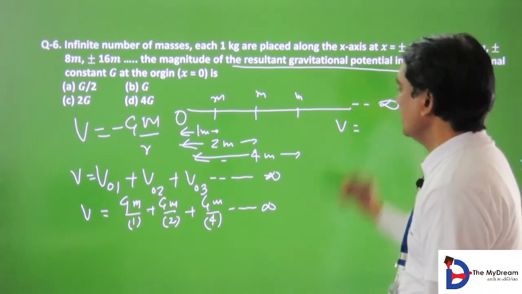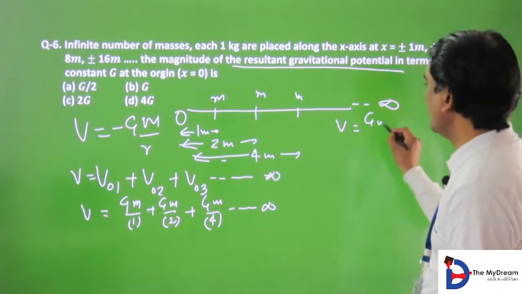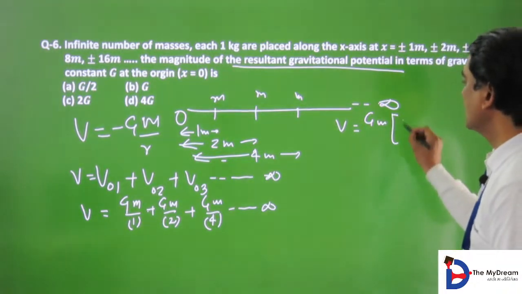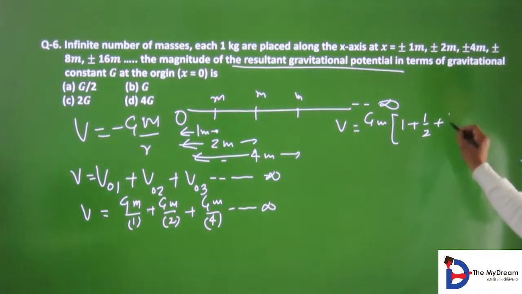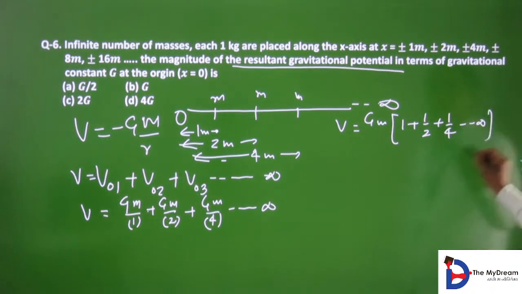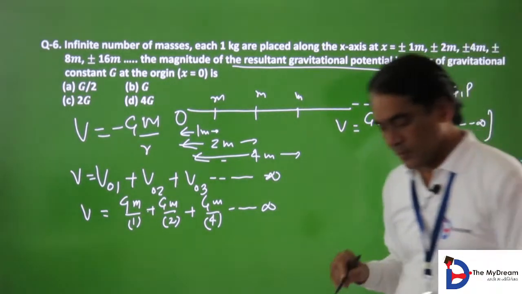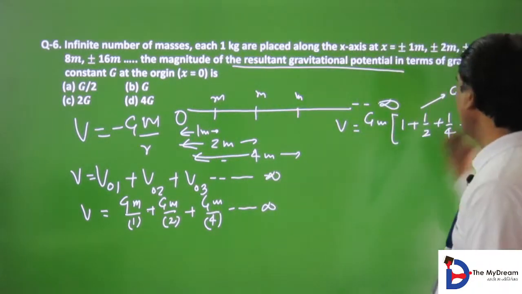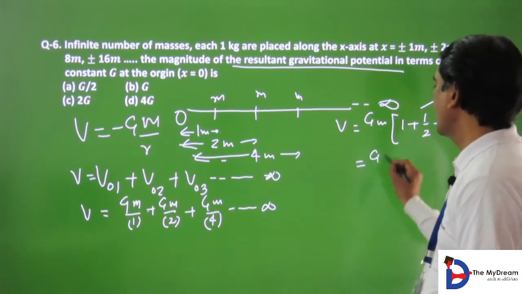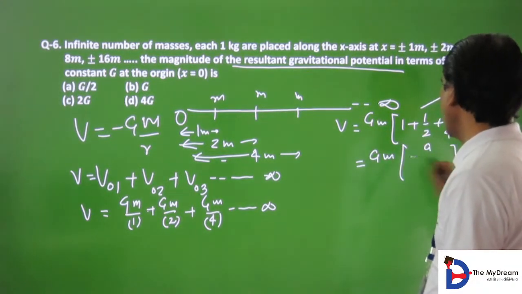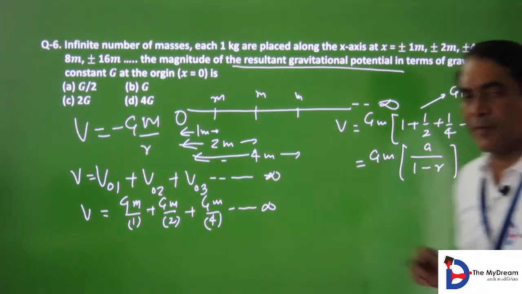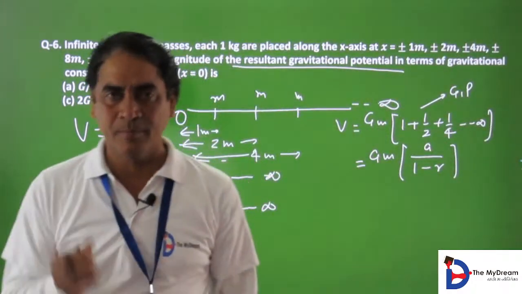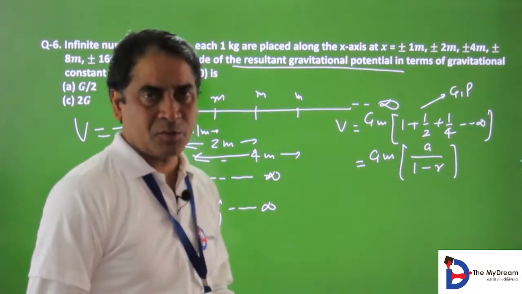Then take Gm common. This is 1 plus 1 by 2, 1 by 4, and so on up to infinity. And this is a geometric progression. The sum of the terms to infinity is given by A upon 1 minus common ratio, where A is the first term and r is the common ratio.